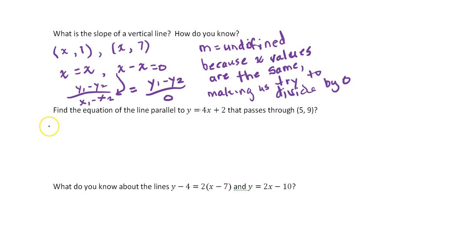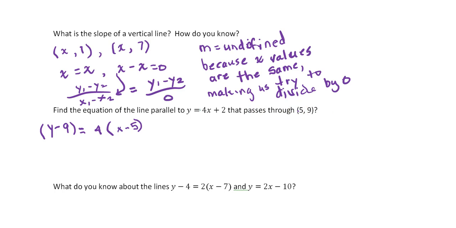I have my y minus my y over here, which is the 9, equals, well, I know it's parallel, so its slope has to be the same, so it's a 4 over x minus 5. And that is a complete statement. Find the equation of the line parallel. This is the equation of the line. It's parallel to this line, and it definitely goes through this point.